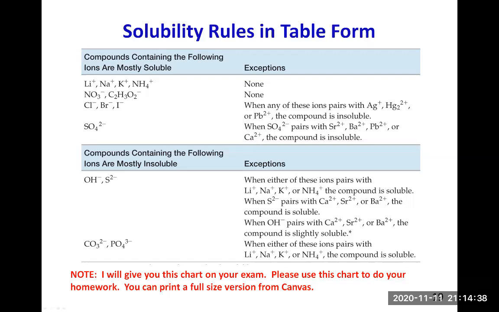So the hydroxide ion, let's look at the exceptions. When either of these ions pairs with lithium, sodium, potassium, ammonium, the compound is soluble. So we need to read about hydroxide. When OH minus pairs with calcium, strontium, or barium, the compound is slightly soluble. Slightly soluble means we will keep it as insoluble. So that means the Fe(OH)3 is insoluble.